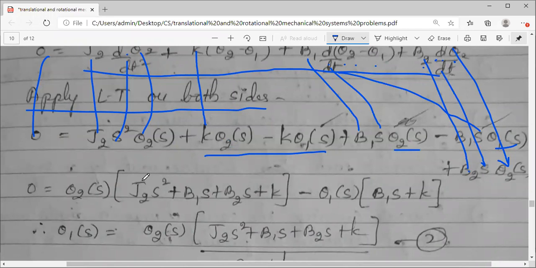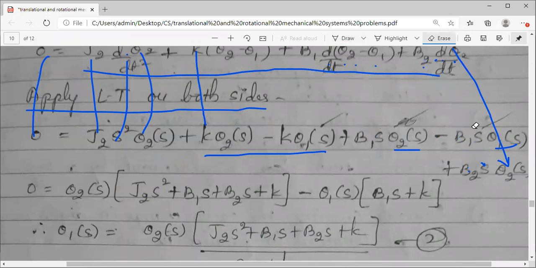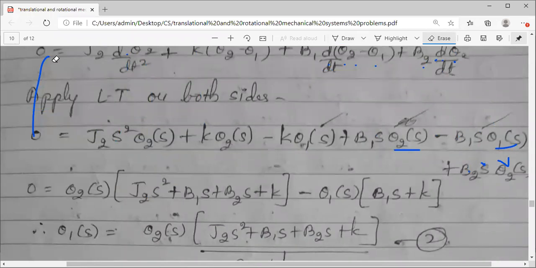After this, go for the equations. Club all the terms which are theta 1 related at one place, and club all the other terms which are related to theta 2. So you see 1, 2, 3 and 4. Four terms are theta 2 related.